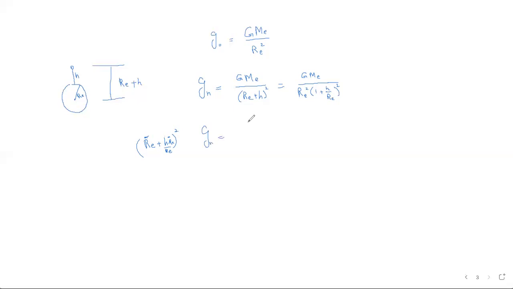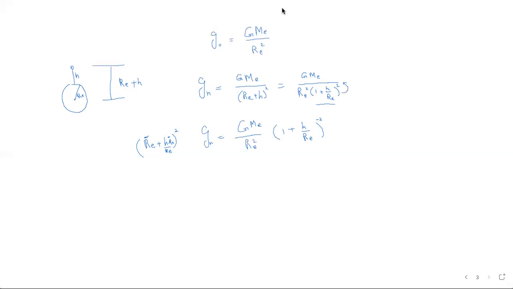The gh is capital G times the mass of Earth divided by RE squared, and this factor we can write as 1 plus h over RE and its square with a negative 2 power, because it was in the denominator and we moved it to the numerator, so the power sign will change. Okay, understand? Very good.